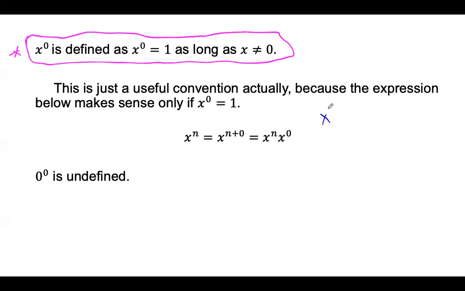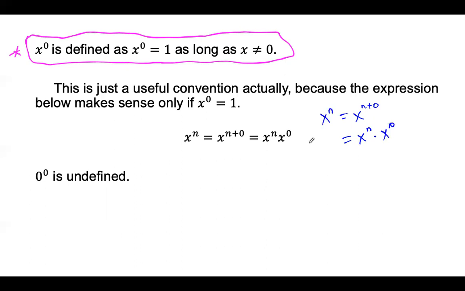So x to the power n is equivalent to x to the power n plus 0. We know this, by the identity that we just have seen, is x to the power n times x to the power 0.